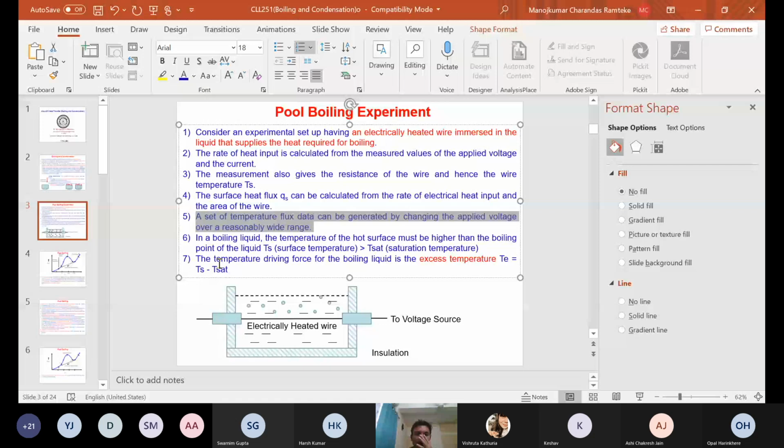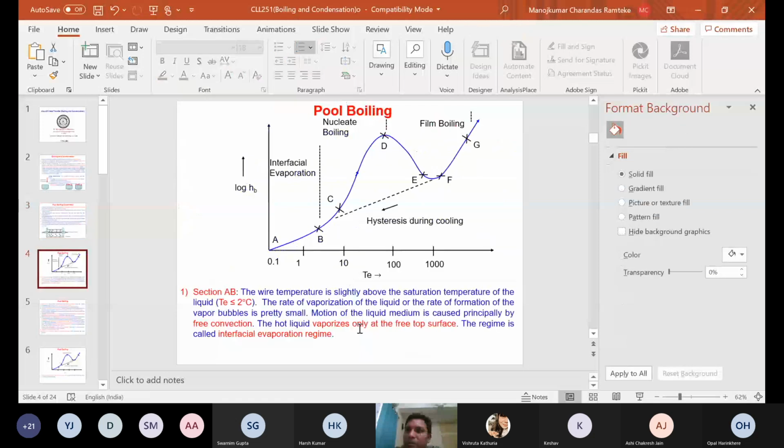Okay, so now here the steady state temperature flux data can be generated by changing the applied voltage over a reasonably wide range. So what it means is, if you look at this particular curve, how is this curve generated? This curve is generated by generating a wide range of data, the heat flux versus ΔT, isn't it? That is what we have seen here.